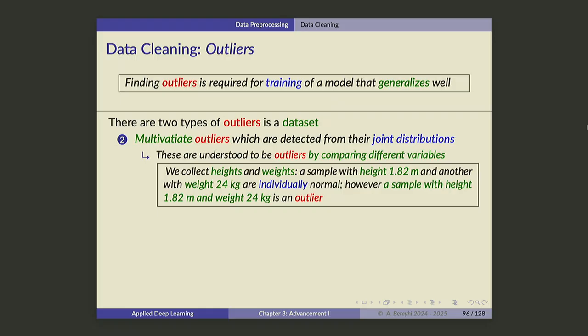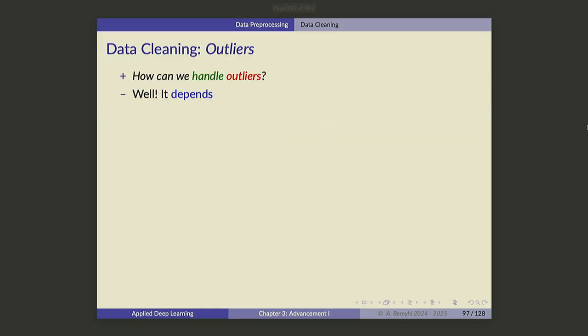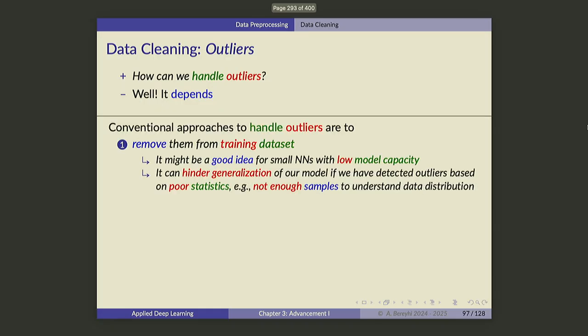So again, in practice, you're going to do lots of tests to find out what the outliers are, and at the end of the day, you cannot say for sure whether this is an outlier or not. You only rely on the statistical results. Now, if you have an outlier and you're sure this sample is an outlier, one thing that you can do is remove it.